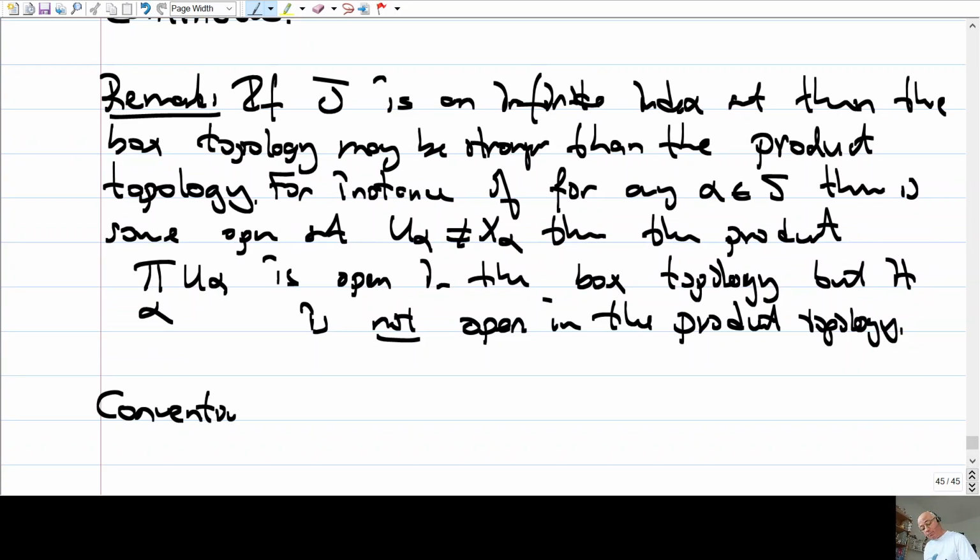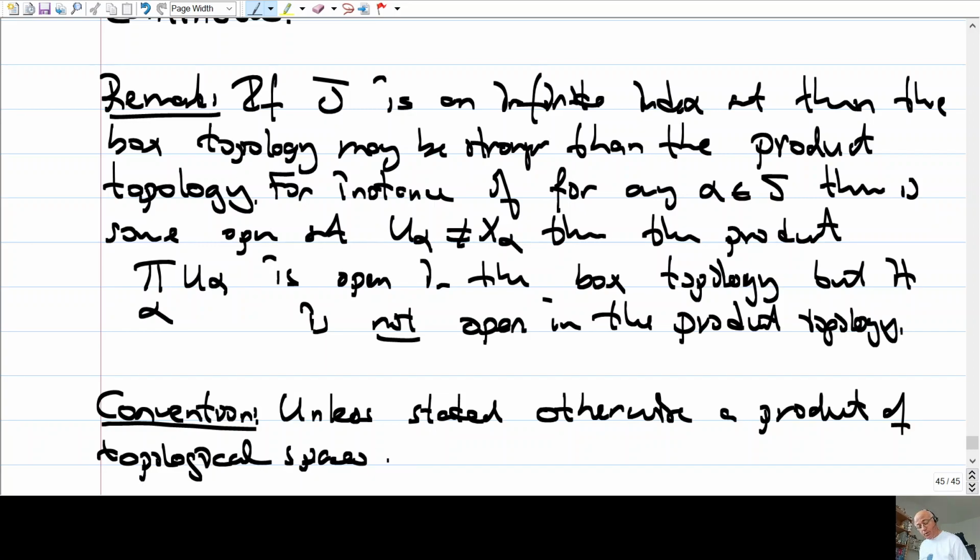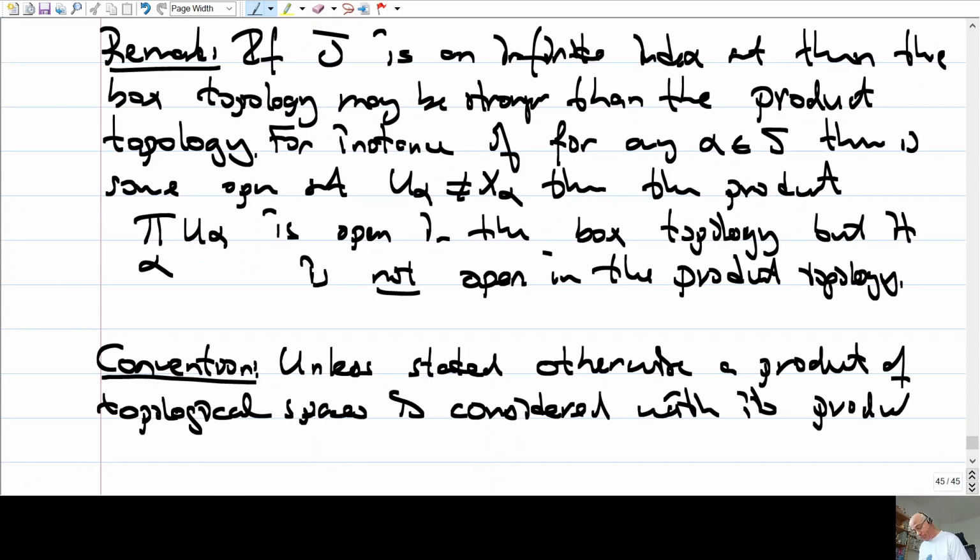The convention is this. Unless stated otherwise, if I consider products of topological spaces, I consider the product topology on it. Okay, not the box topology.